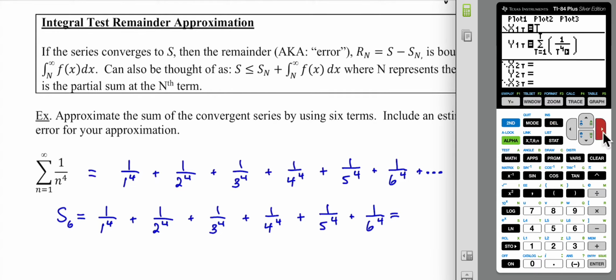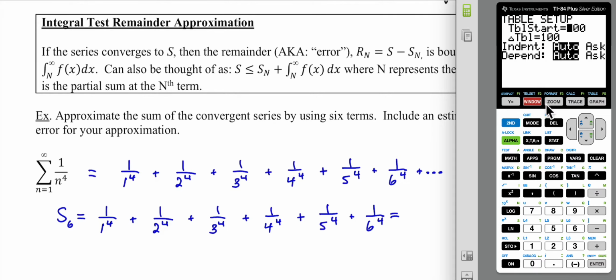All right, so I only want, like I said, to go out to 6 terms, so I'm going to go into my table, which is, if I remember correctly, set up for another problem. So let's go table set, second window, 0 to 1 as my default. My 6th partial sum is this lovely decimal.